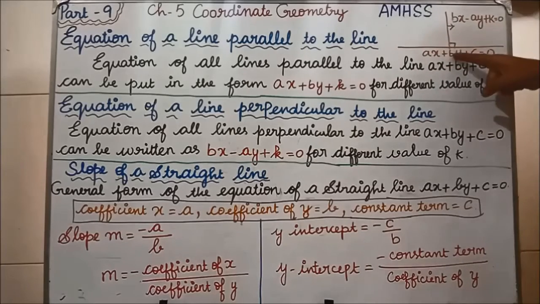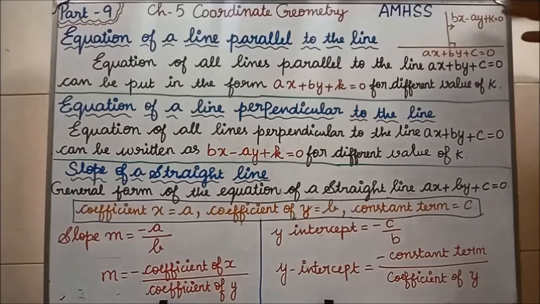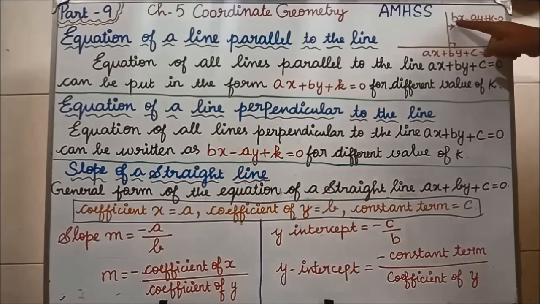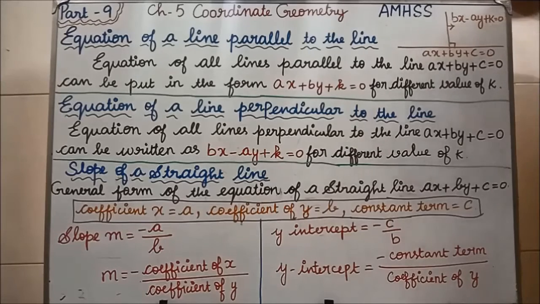Which means b will go to x and a will come to y. But b is coming first, isn't it? bx minus ay. Again the constant term also will change, that will become k.